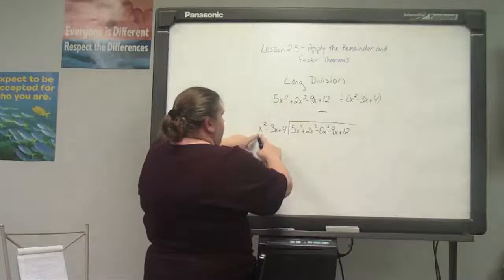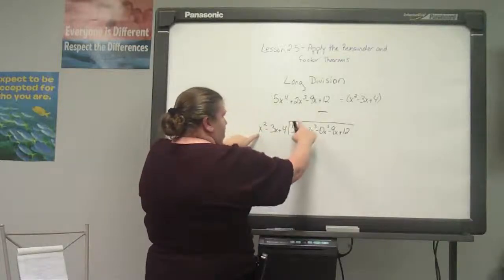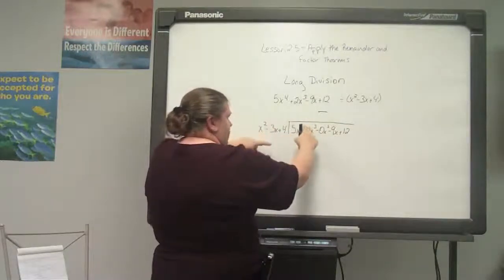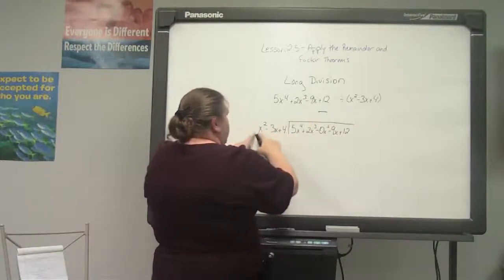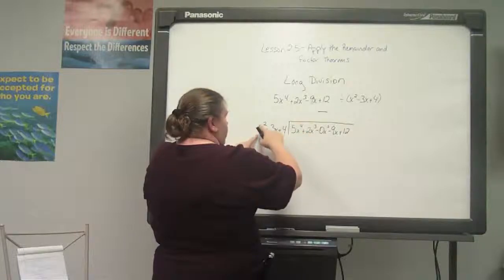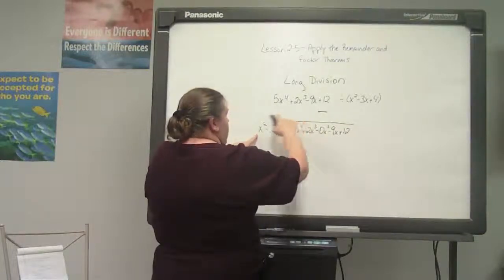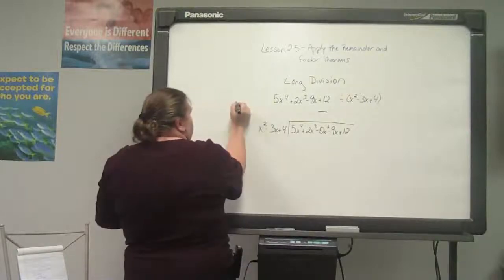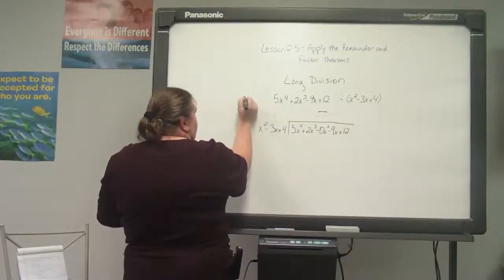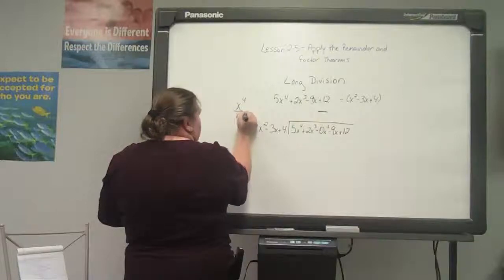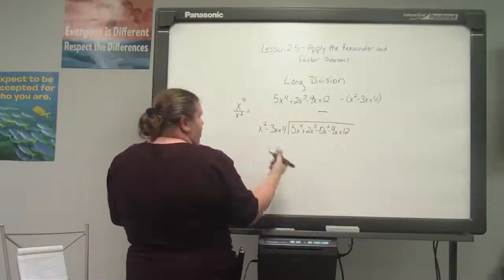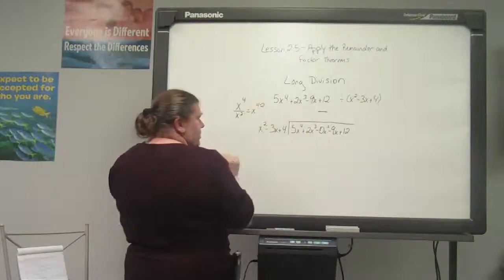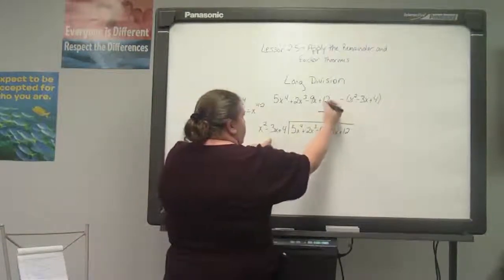You want to look at the first term of both, inside and outside. How many x squareds are left when you divide x to the 4th by x squared? Remember, you have x to the 4th over x squared. When we do our exponents, x to the 4 minus 2. So that's what we're going to put over here.